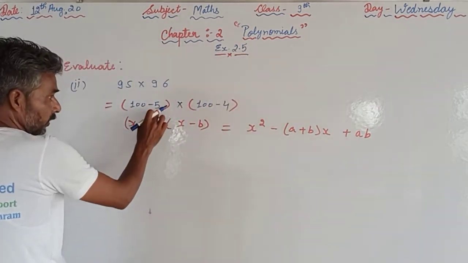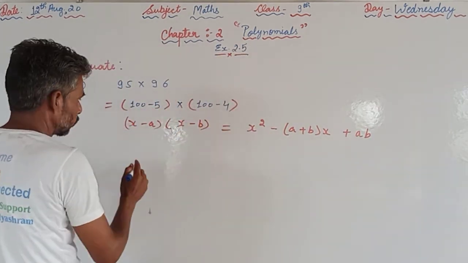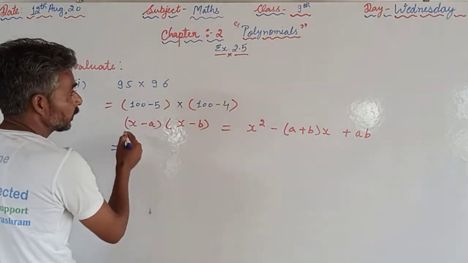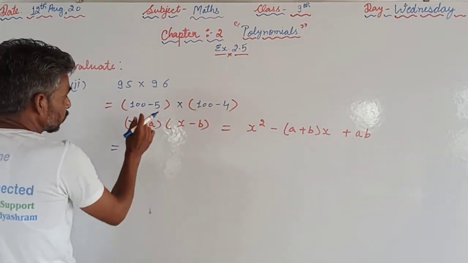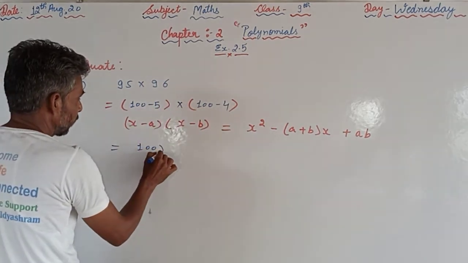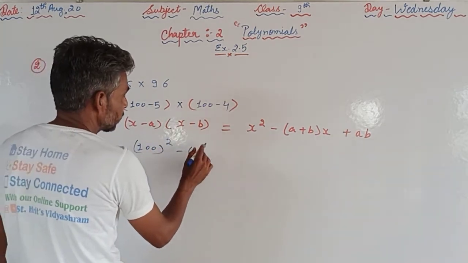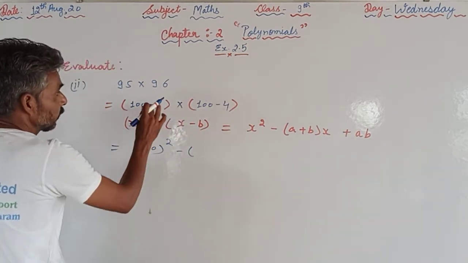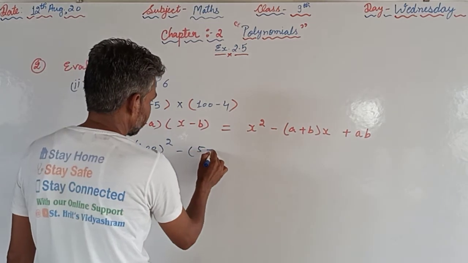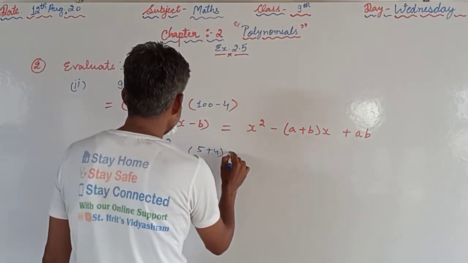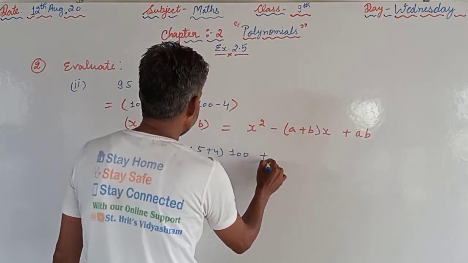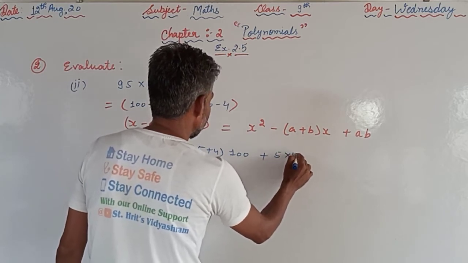Here a is 5 and b is 4. So the answer will be x square, means 100 square, minus (a plus b, 5 plus 4) into x, that is 100, plus 5 into 4.